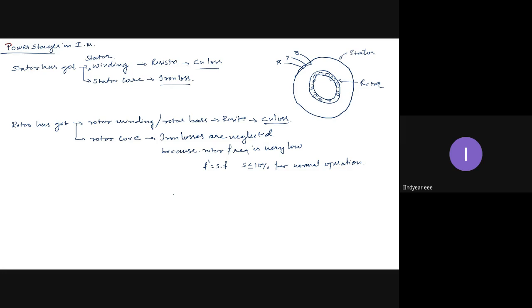So if I put this in the form of power stages, I can write here: motor input to stator. I take this as P1.